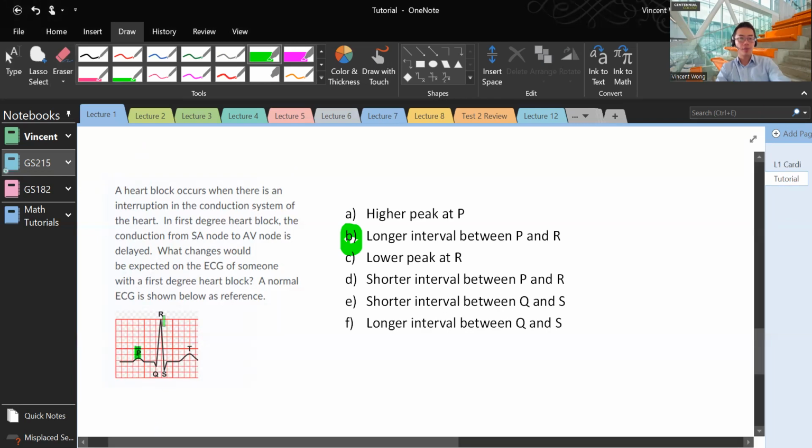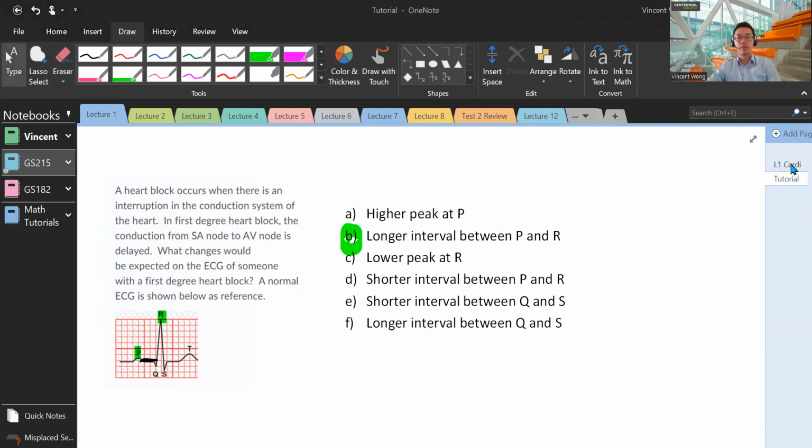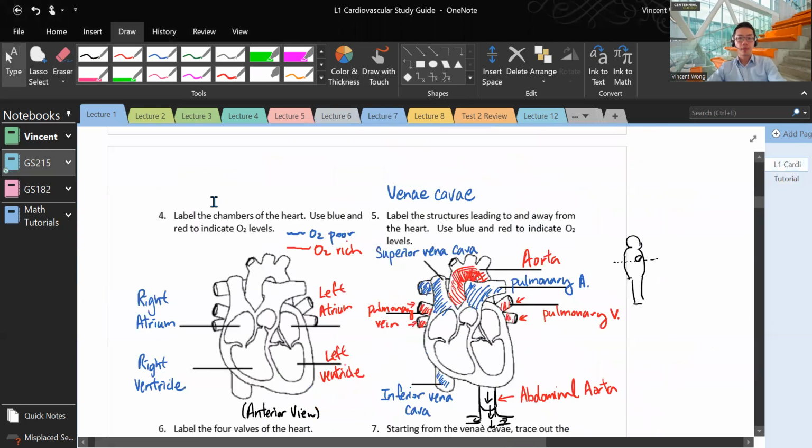P is the atrial contraction, R is the ventricular contraction, like I told you. And this is the time where we're waiting for the signal to go from SA node to AV node. And if there is a heart block there, then you're going to have a longer interval for PR. Okay, so those are the kind of application question you might expect on the quiz.